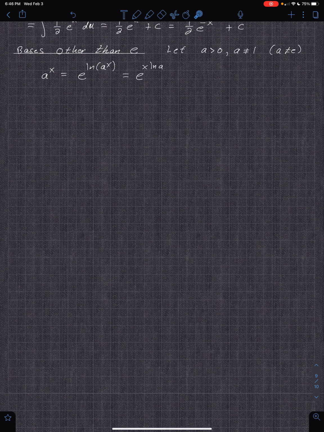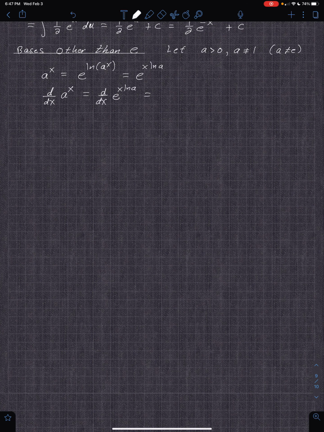So when you look at the derivative of that, we look at d/dx of a to the x. What's the derivative of that? So that equals d/dx of e to the x ln a. So that is itself times the derivative of the top.